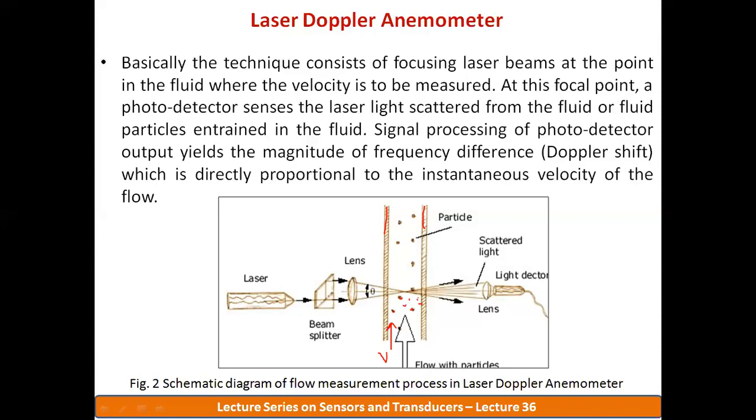Okay, so this is the light source. So here laser, I told you laser will be used as a light source. From the laser, light will fall on the beam splitter. So light is split into two parts here, and the split light will fall on the lens, and later it is going to get concentrated on one point.